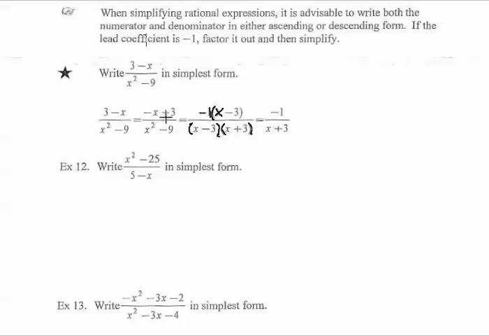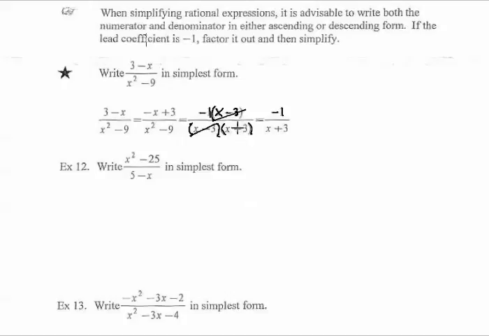And a plus 3 divided by a negative 1 now gives us a minus 3. So now we have a factor that matches exactly, and we knock them out, the x minus 3's, and then we're left with a negative 1 and an x plus 3 on the bottom.